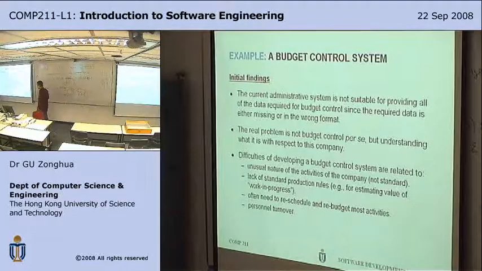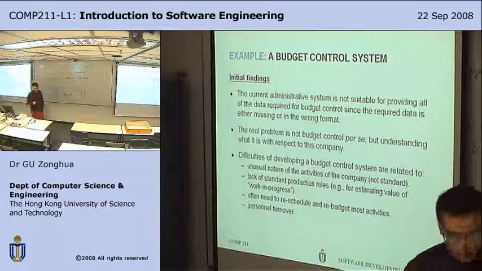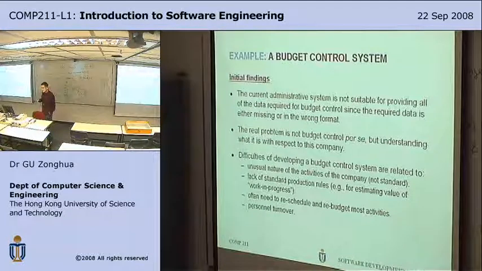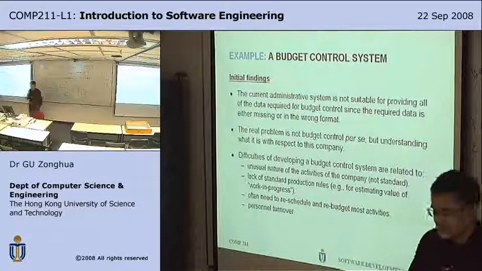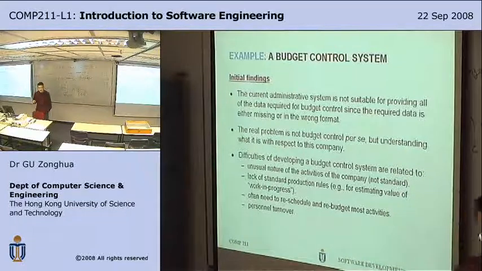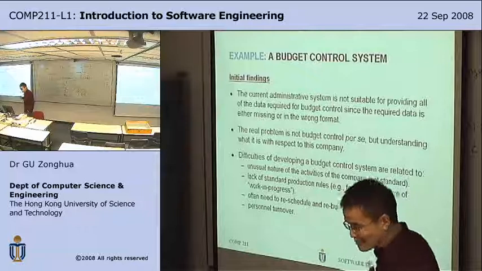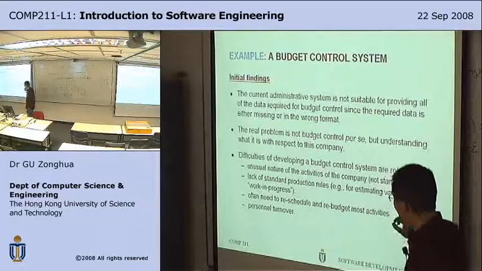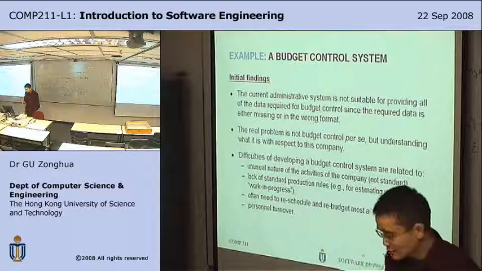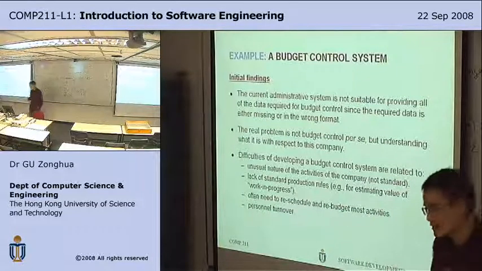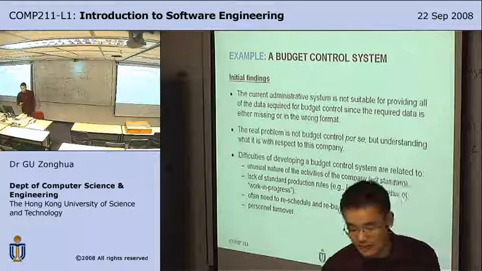It is unusual because it is different from, say, a construction company where you're building a house. It's very easy to assess the progress. But for software, it's often very fuzzy and very difficult to estimate progress. There is a lack of standard production rules for estimating the value of work in progress. Perhaps lines of code could be a measure, but that's a very bad measure, right?